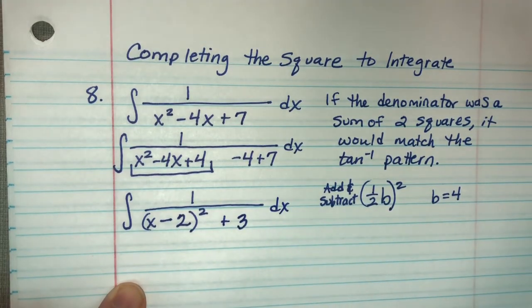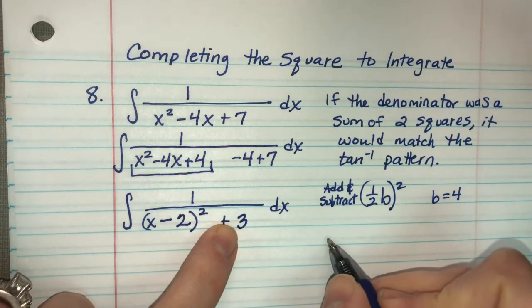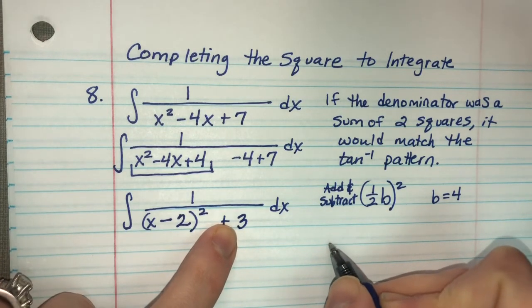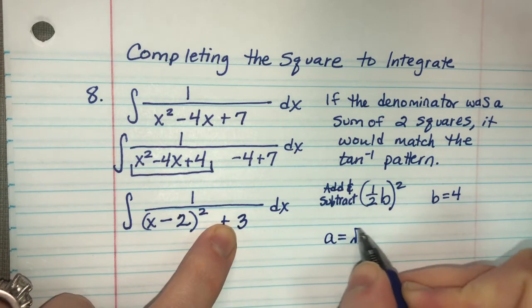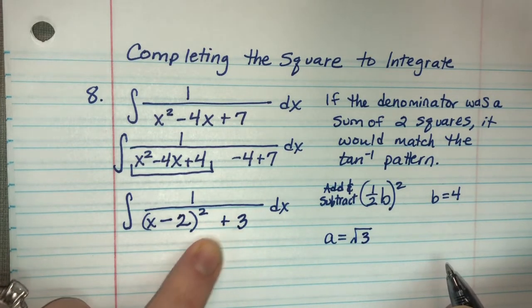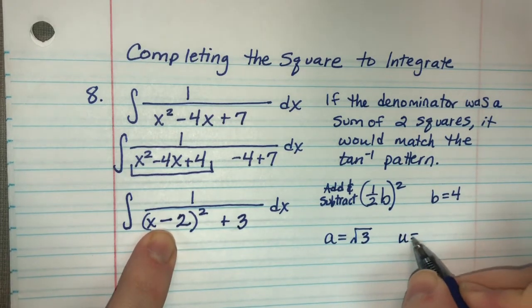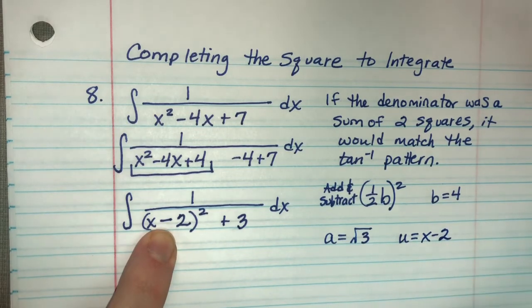How did that help me? Well, now I can think of this 3 as that constant number, well, the square root of 3 as the a value. And I can think of the stuff that's squared here with the x in it as my u value. u would equal x minus 2 in this case.